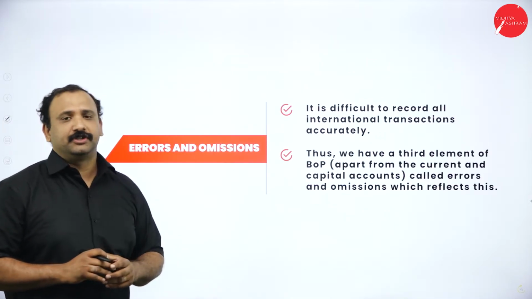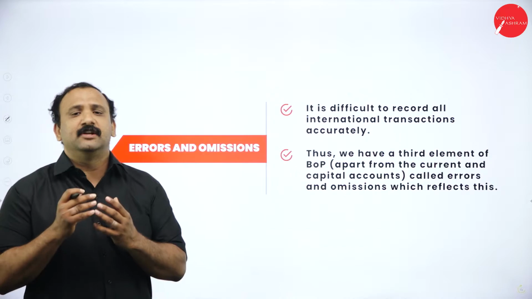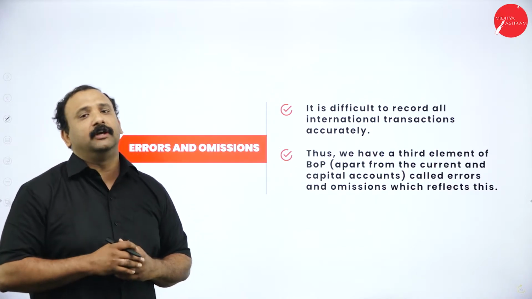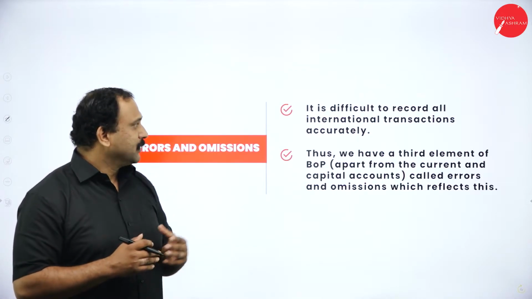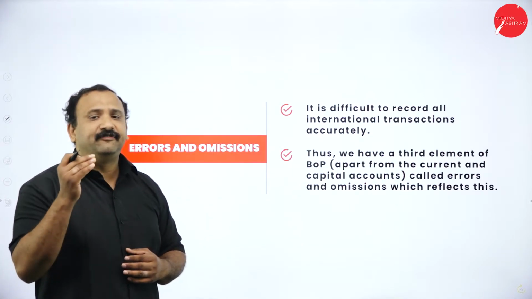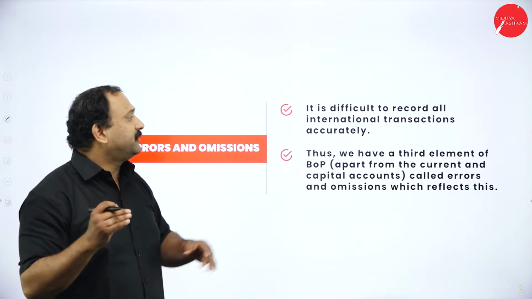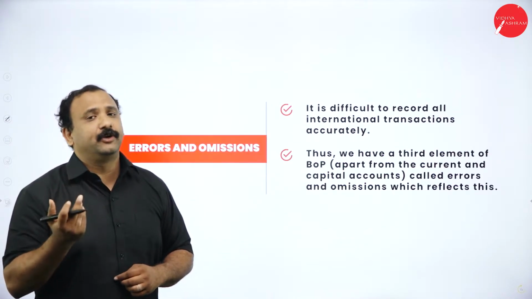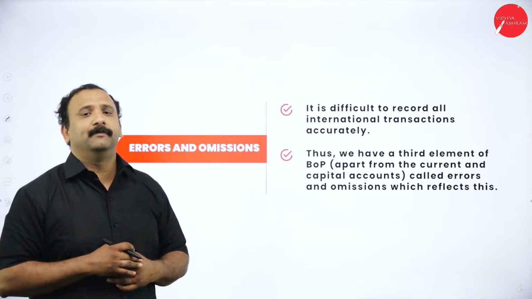Errors and omissions. What are the errors and omissions that normally happen in the open economy? It is difficult to record all the transactions, especially the international transactions, accurately. Why? What is the problem in that?